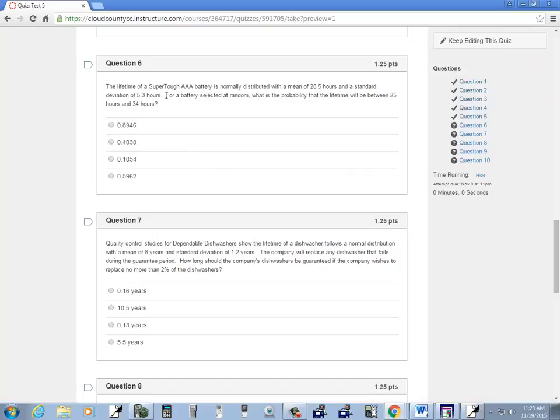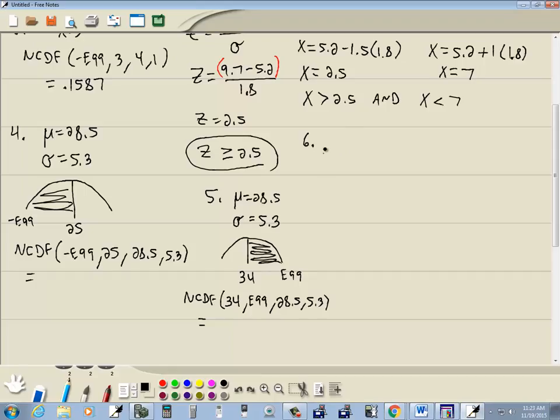Okay, number 6. Same wording. Will be between 25 and 34. So 25 and 34, and we're shading this way. So we'll do our normal CDF. We'll do 25, comma, 34, comma, our mean, which is still 28.5, comma, our standard deviation, which is 5.3.